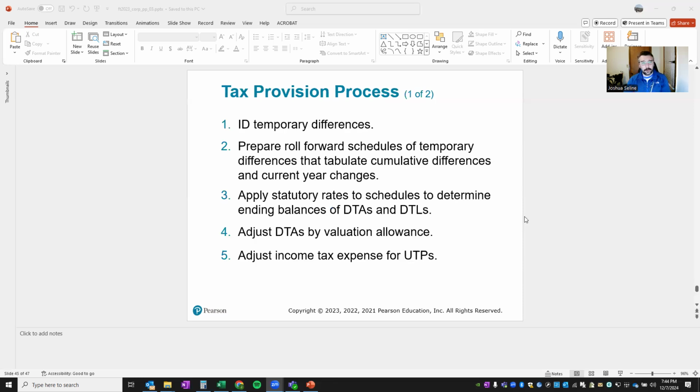So the tax provision process: we identify our temporary differences, if those get added back. Prepare a roll forward schedule of temporary differences that tabulates cumulative differences and current changes. Apply statutory rates to the schedules to determine your ending balances of deferred tax assets and deferred tax liabilities. You adjust those by valuation allowances, and then you adjust your income tax expense for those uncertain positions.